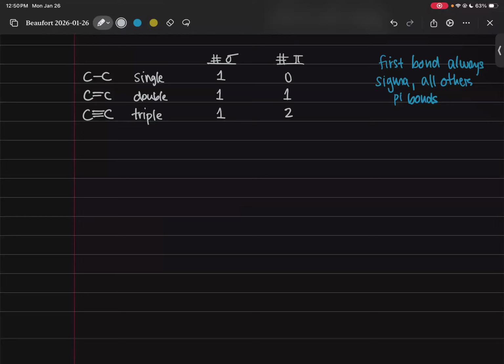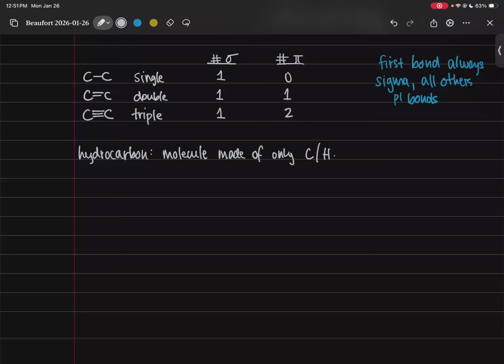So going back to naming of molecules, we have a couple definitions here. A hydrocarbon, well, it is what it says on the tin. It's something with only carbon and hydrogen, hydrocarbon.